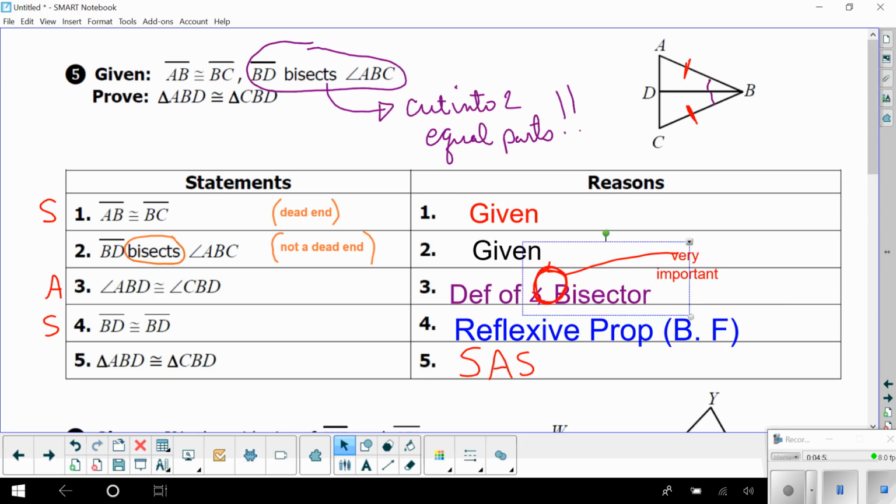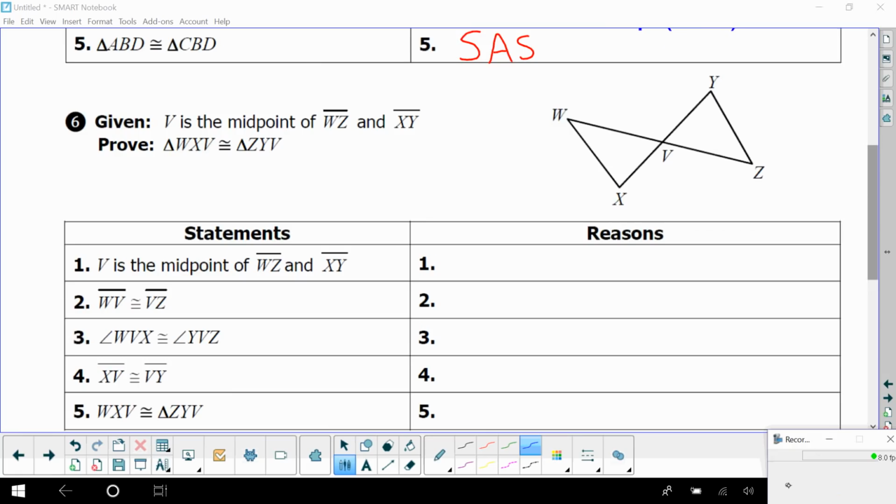You have to make sure you say angle bisector. Otherwise, you'll get it wrong. So please, please, please make sure you remember that. And then again, our reflexive property. And so you have side, angle, side. So our proof is side, angle, side.